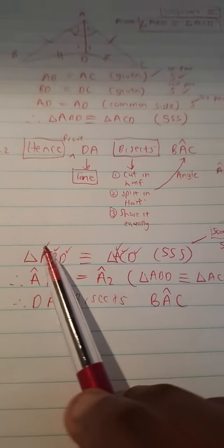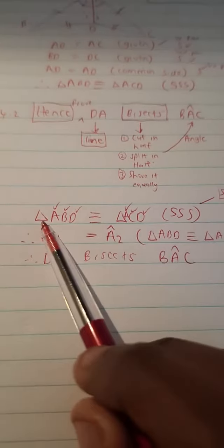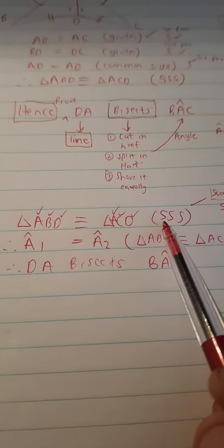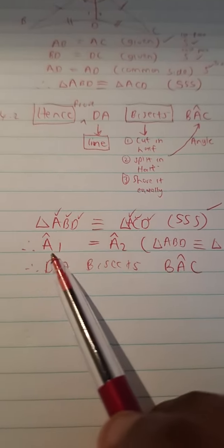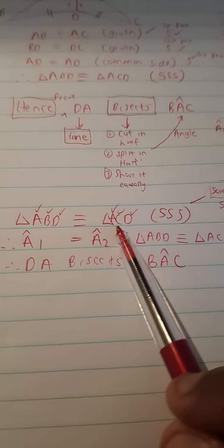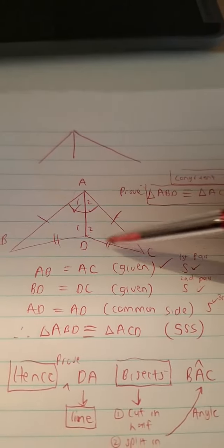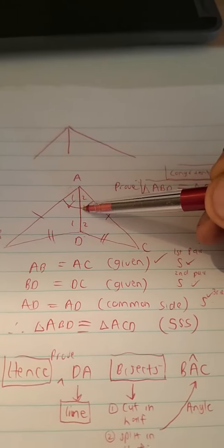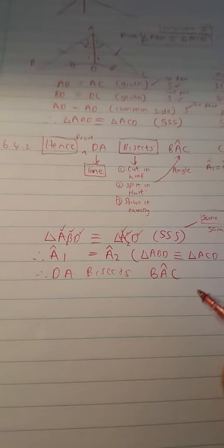Which one is angle A for triangle ACD? That angle A we're talking about is angle A2. So this is A1, guys. This is A2.